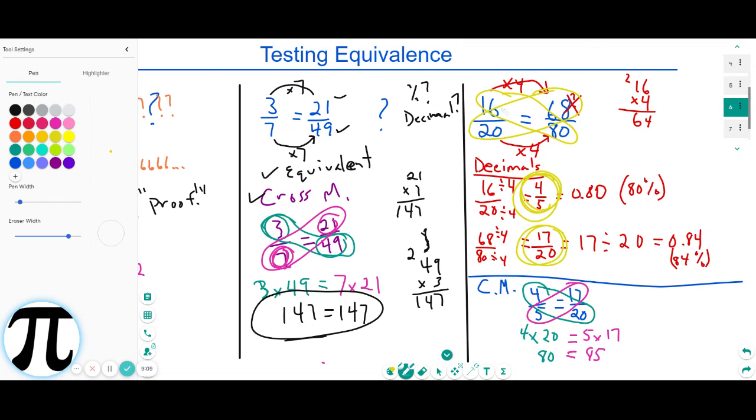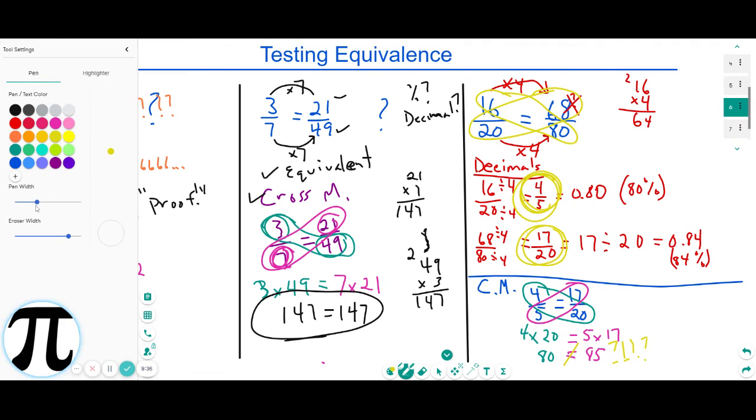So yeah, my butterfly could have been 16 times 80, 20 times 68, but I'm going to get, wow, that's a ginormous number. Look what I did here by using the reduced fractions. Do you see why the reduced or simplified fraction form is so powerful? Because it's easier to work with. 4 times 20, 5 times 17. 80 equals 85. What? I don't think so. I do not think so.